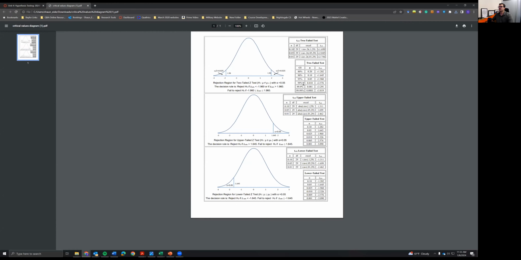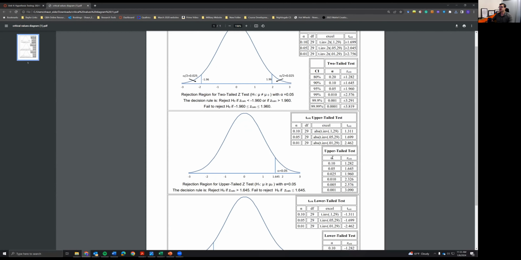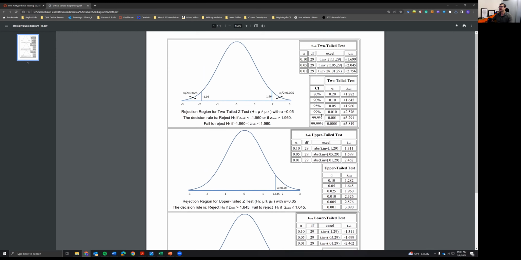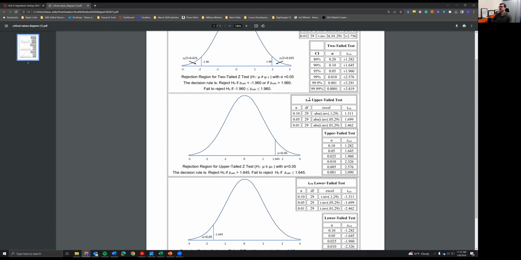Okay. I have the two tail, I have the upper tail, I have the lower tail, and for z values, they always stay the same. But then for t, which there's a whole other lecture on, it tells you how to do this in Excel to calculate the critical values using a t-score.